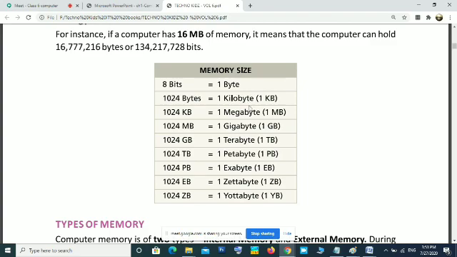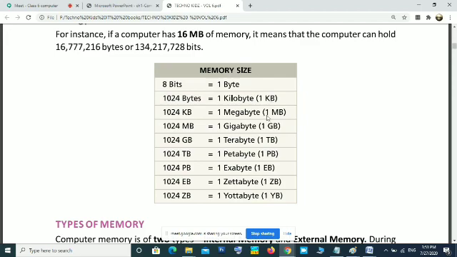If we are discussing low capacity memory, then we say 1 KB. 1 KB is about 1 letter. If you save a 1 letter file in your mobile phone, it may be less than 100 KB, maybe 20 KB. The size is small, meaning that letter uses only that much memory in your mobile or computer.